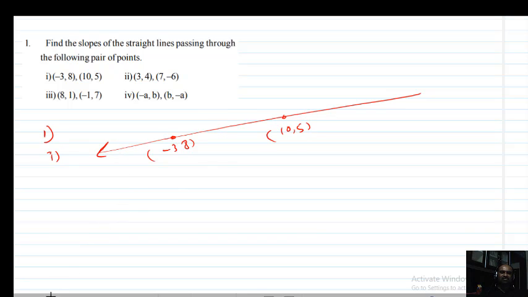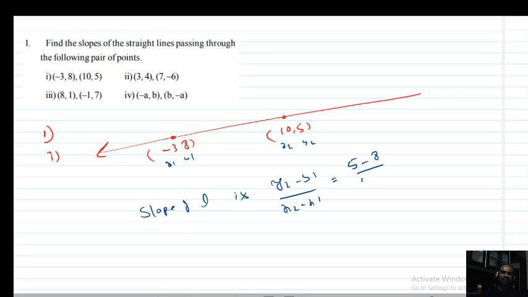Say line L. Slope of L is y2 minus y1 by x2 minus x1. That is 5 minus 8 by 10 plus 3, which equals minus 3 by 13. So the slope of L is minus 3 by 13. Like that you can complete the remaining problems.